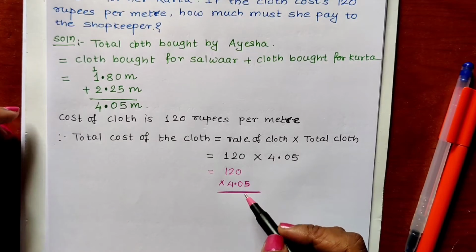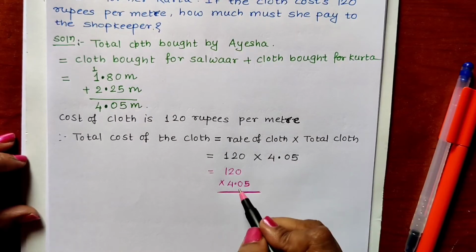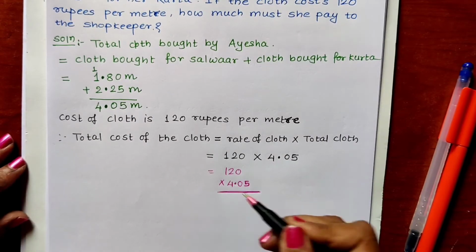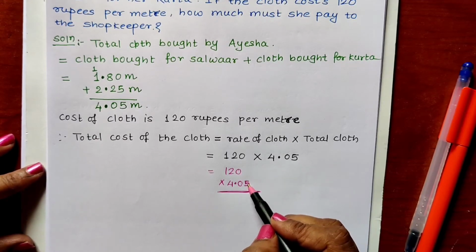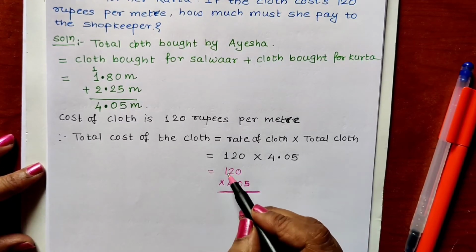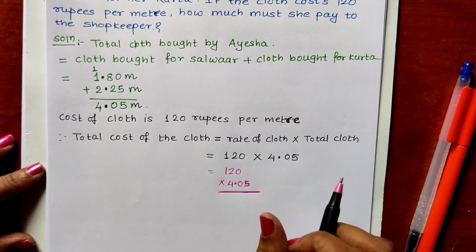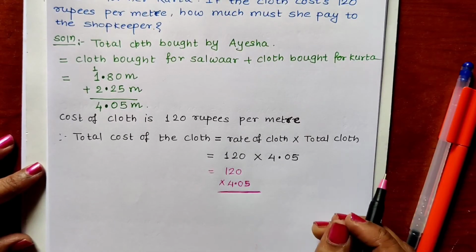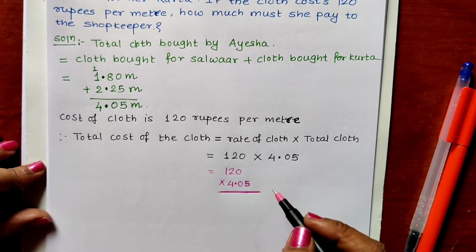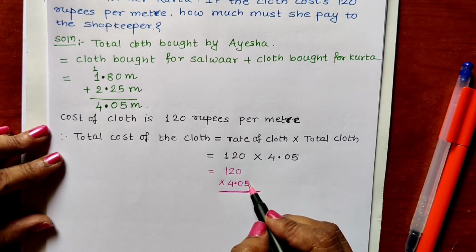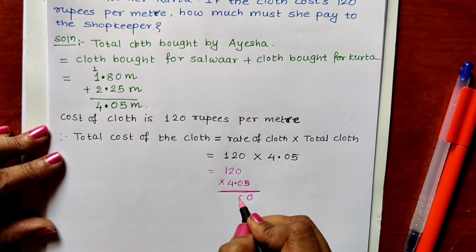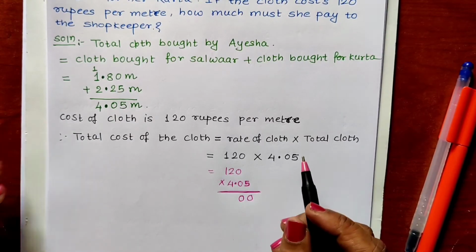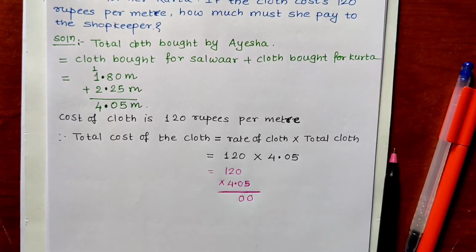while doing the multiplication, just think that this decimal point is not there. It does not exist. Okay, just multiply by all the digits. First we will multiply by 5, then by 0 and then by 4 to 120. And afterwards we will put decimal point in the answer in the end. Okay, so let us first multiply by 5. 5 zeros are 0. 5 twos are 10. 0 written, 1 carrying. 1 carrying, I will be writing with pencil.